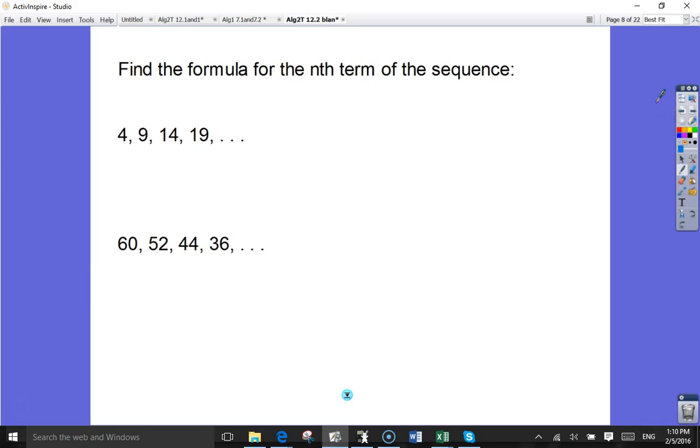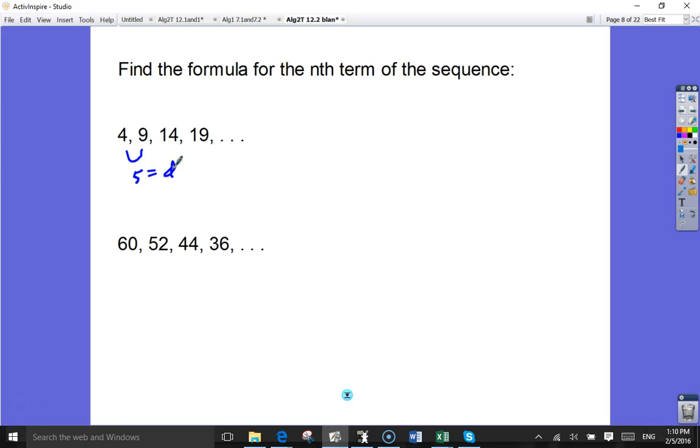So let's find formulas. Before you can find the formula, you have to make sure it's the right kind of sequence. Does the first sequence look like it's arithmetic? It does. It looks like we keep adding 5 to get the next term, so definitely this is arithmetic. It looks like d is 5.